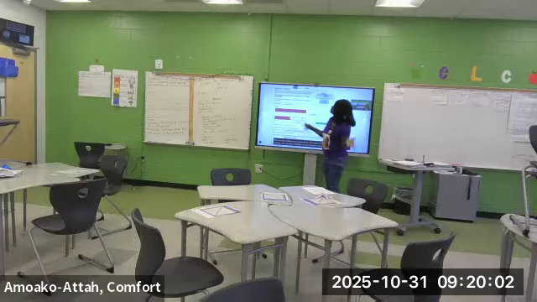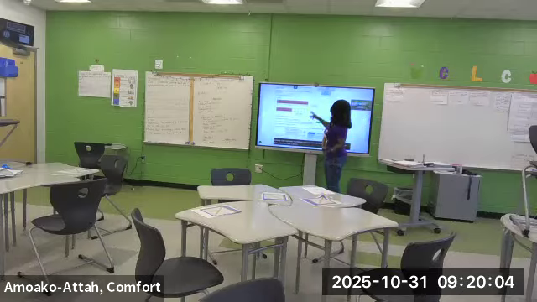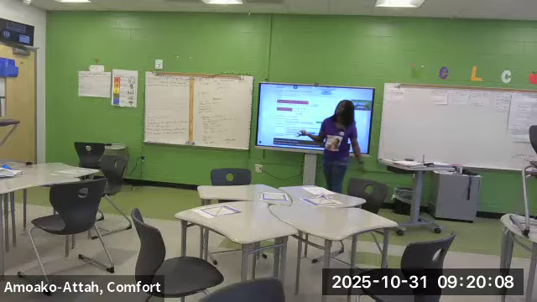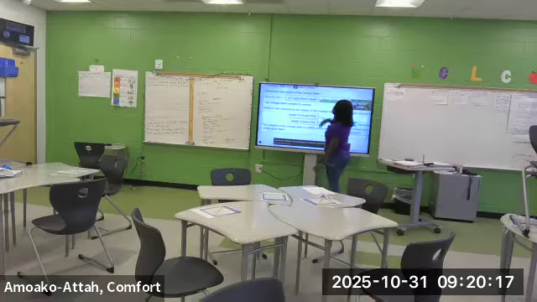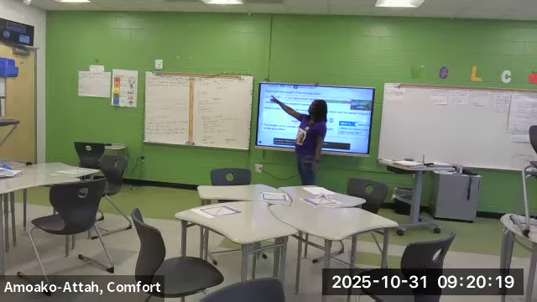Okay, so we can use two ways. You can use a model to represent that, or you can also use equivalent ratio. With equivalent ratio, 1.5 times 4 equals what? 6.